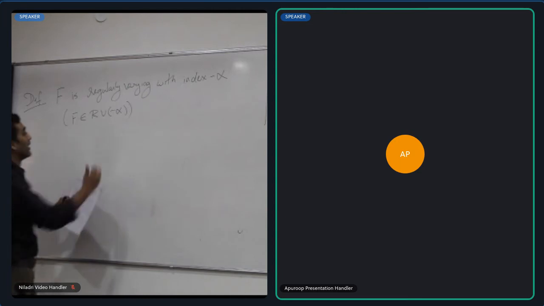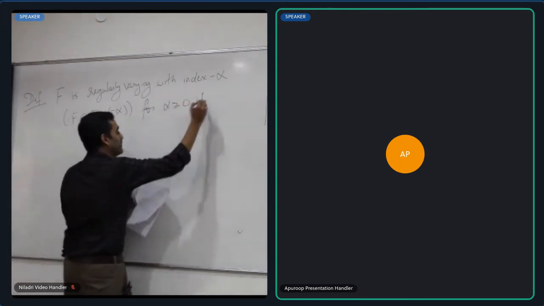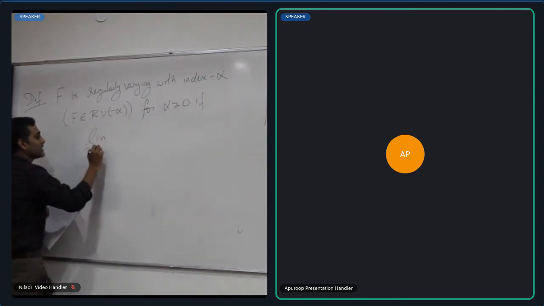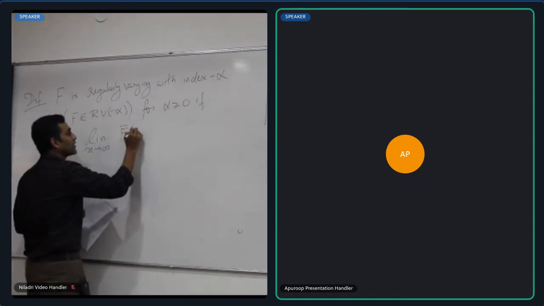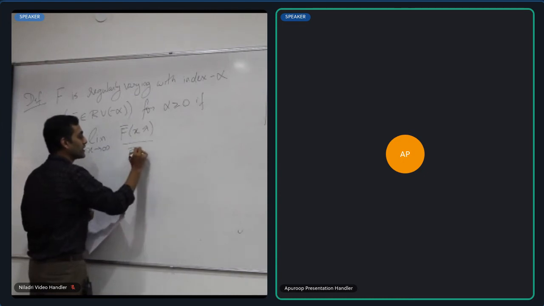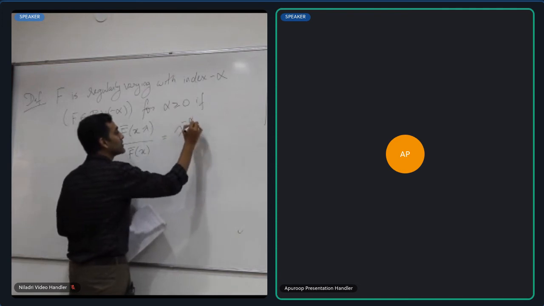For alpha greater than or equal to 0, if the following is true: the limit as x tends to infinity of f bar of x lambda upon f bar x is equal to lambda raised to minus alpha.